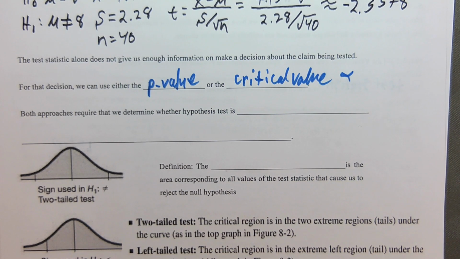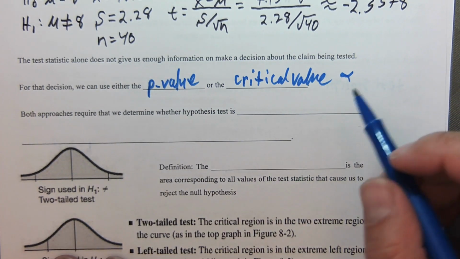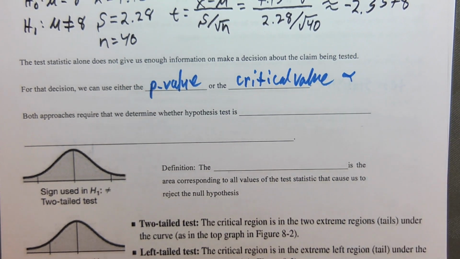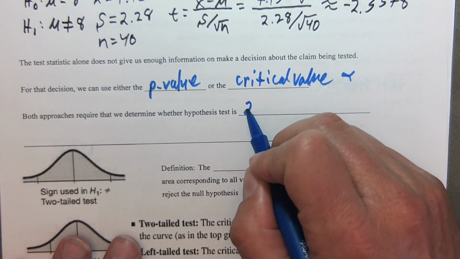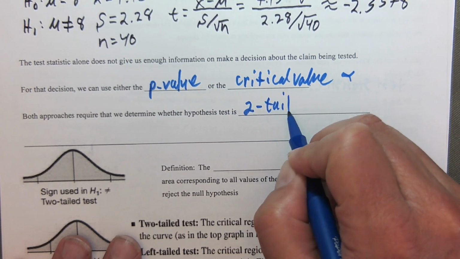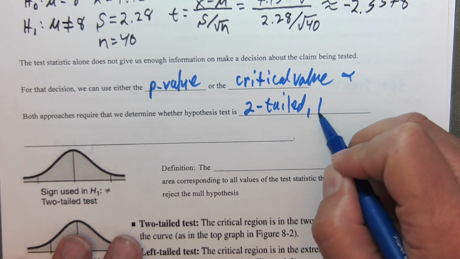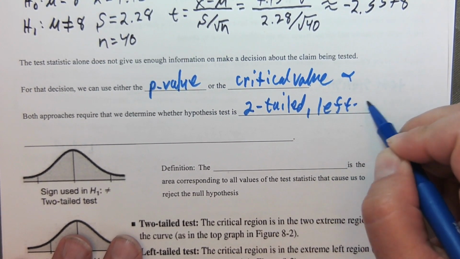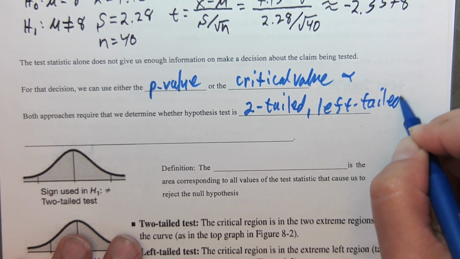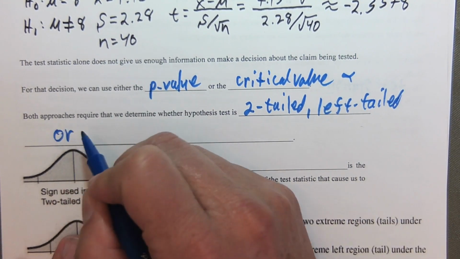Now, both approaches require that we determine whether the hypothesis test is two-tailed, left-tailed, or right-tailed.